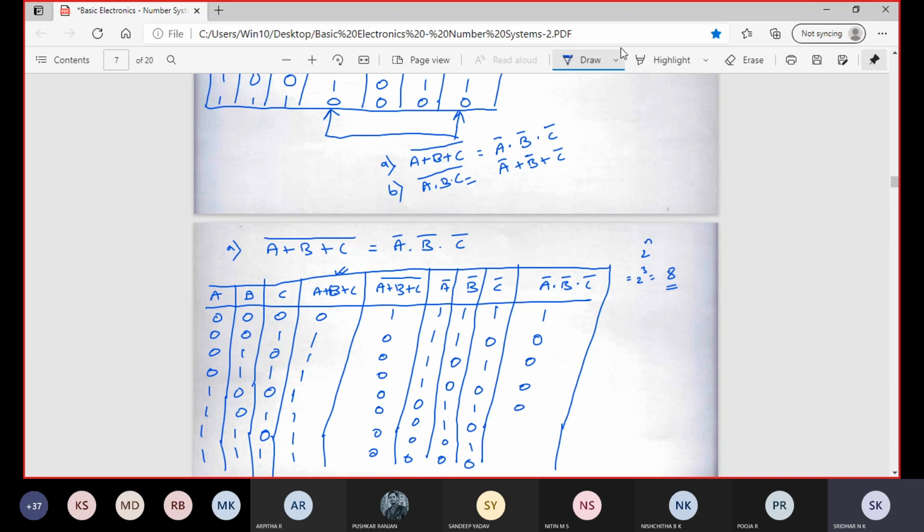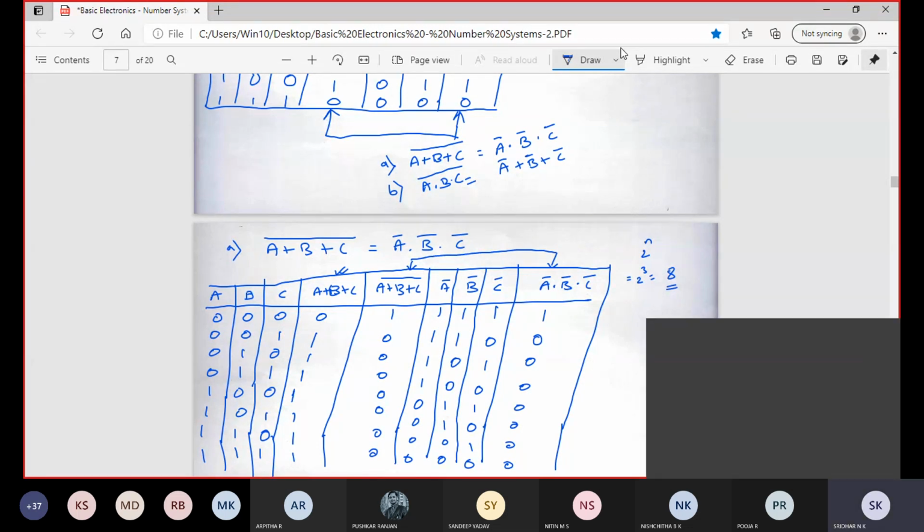Right. So if you see the column number this and this, both are same. Yes, sir. So that's how the three variable De Morgan's theorem is proved.